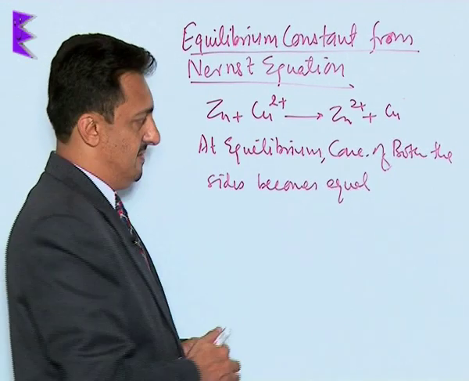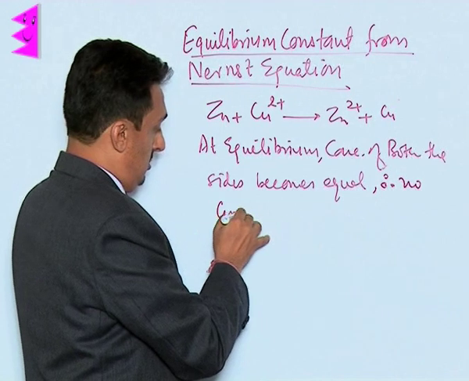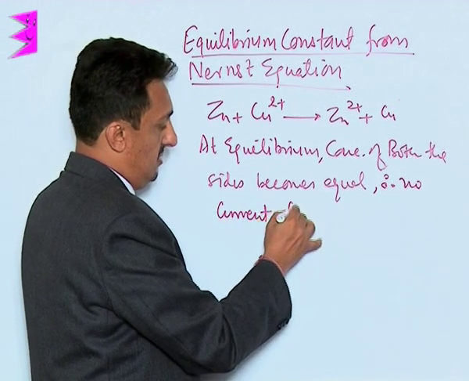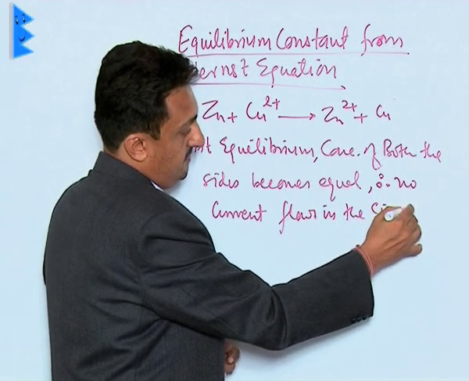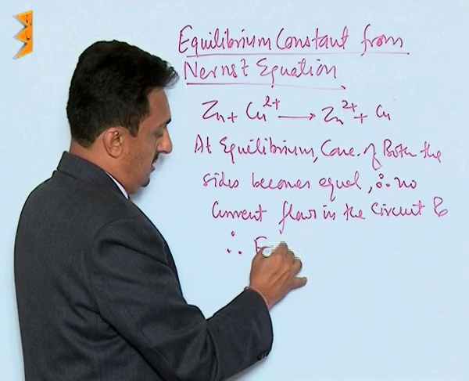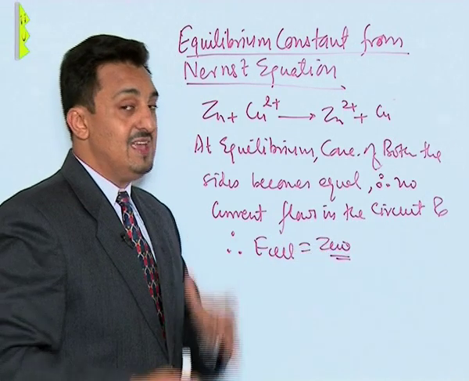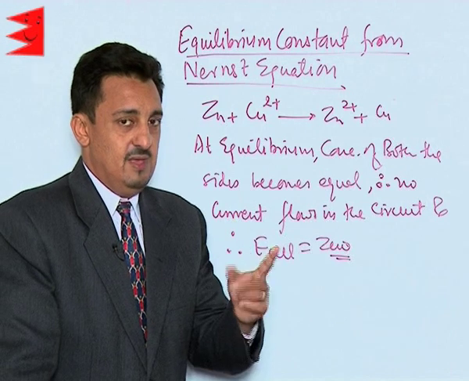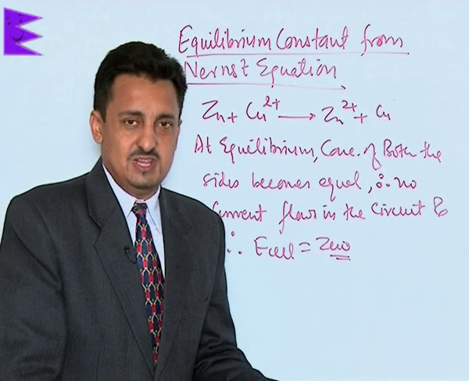As a result, therefore, no current flows in the circuit and therefore the E cell will become 0. It's not the E naught cell, it's the E cell, because at equilibrium the concentrations have already changed, it's a non-STP condition.